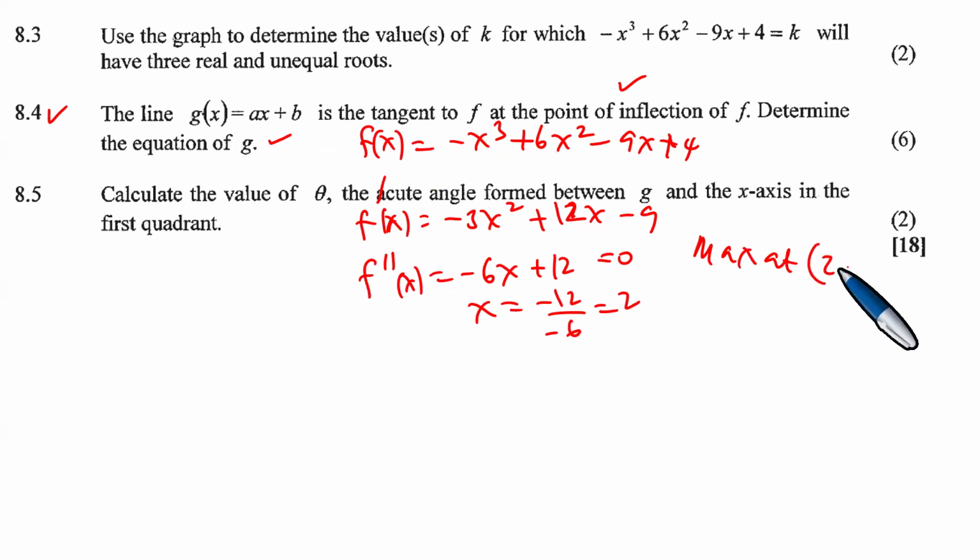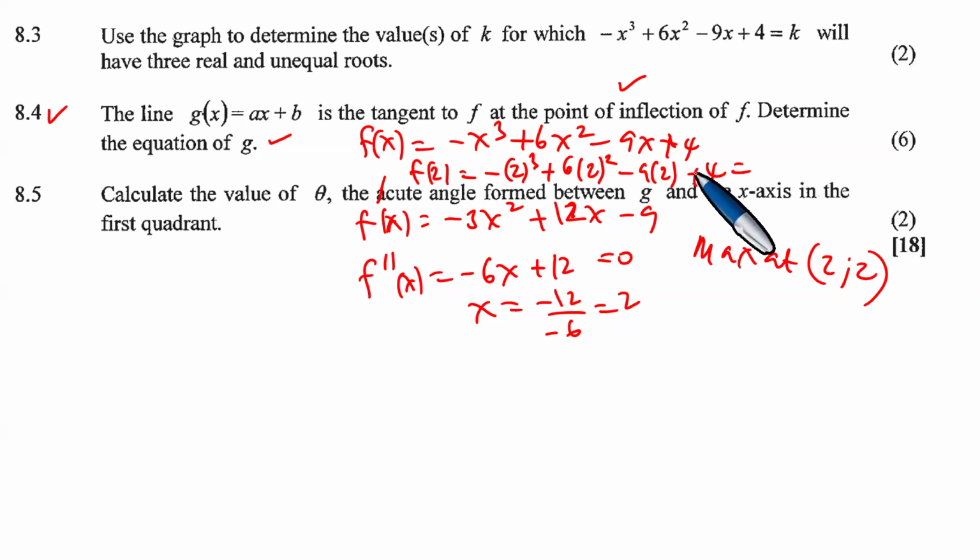Okay, so the point of inflection is actually at x equals 2 and y equals 2. But now, at x equals 2, y is 2, because if you put 2 in the place of x, you have minus 2 cubed plus 6 times 2 squared minus 9 times 2 plus 4.